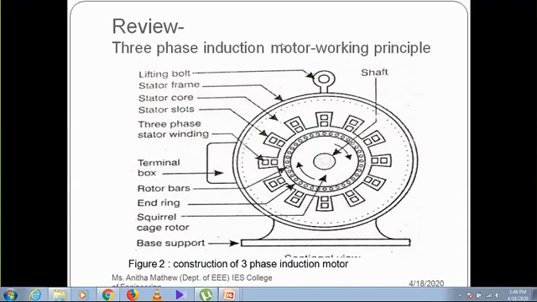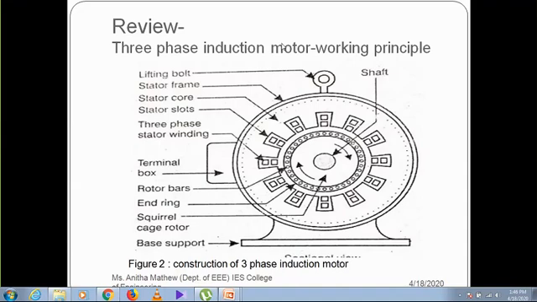This current will have a direction so as to oppose the cause producing it. The cause producing the EMF is the relative motion between the rotating magnetic field and the rotor conductors.